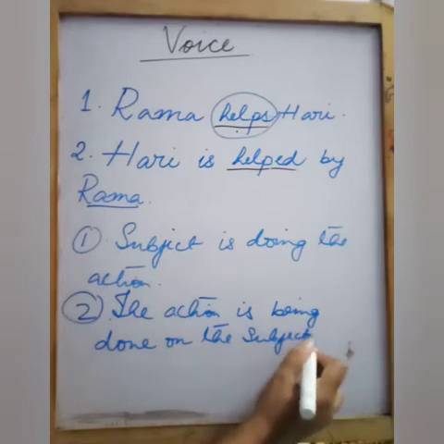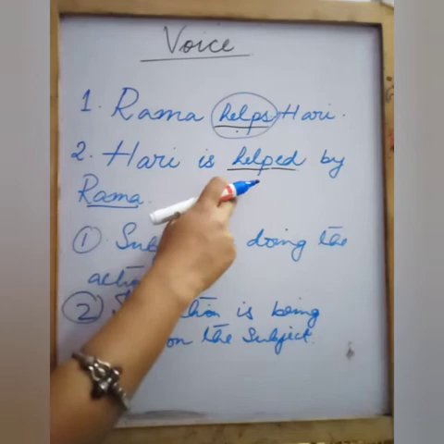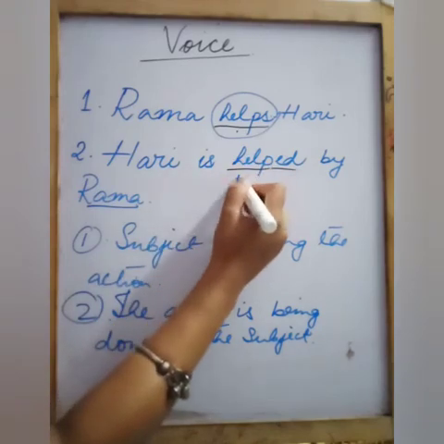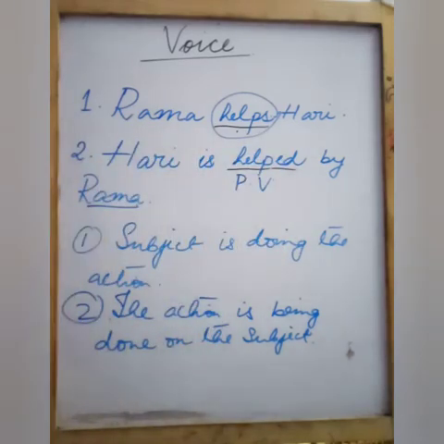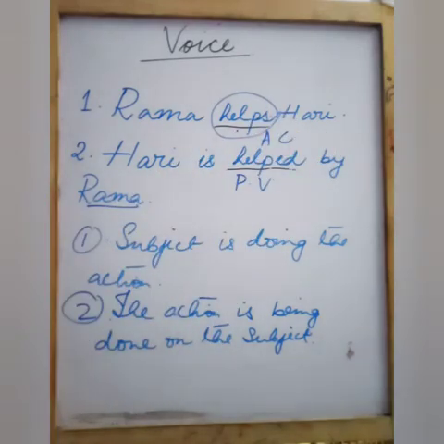The meaning remains the same. So when action is done on the subject, then such a verb is in the passive voice. There are two voices, active voice and passive voice. Alright, now we will see the definition. It will become clearer. Fine.